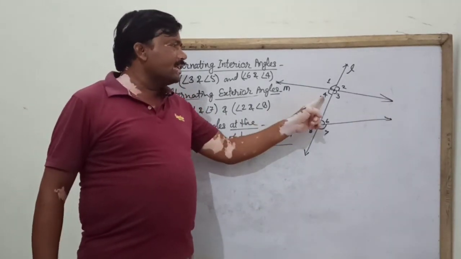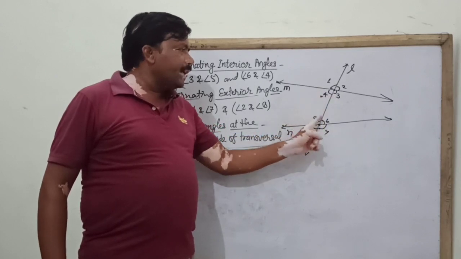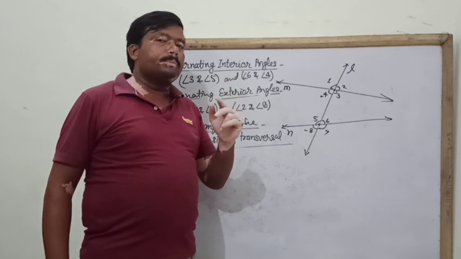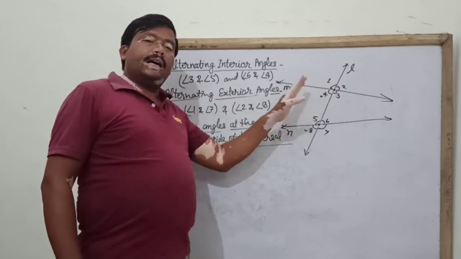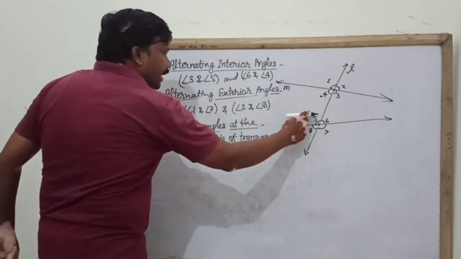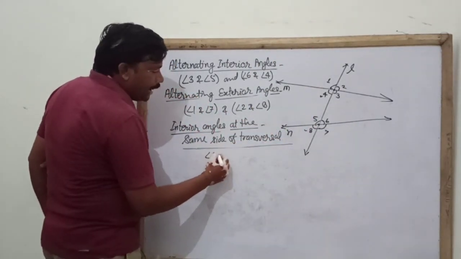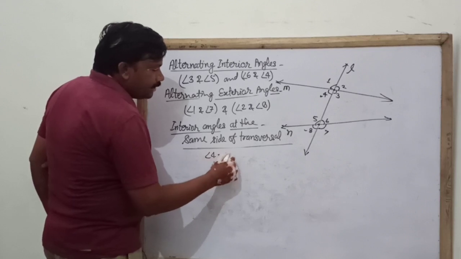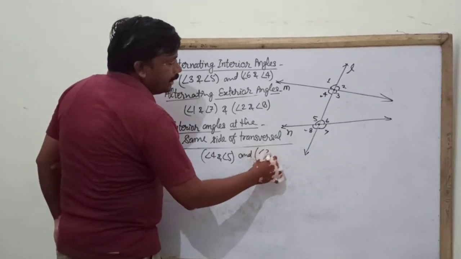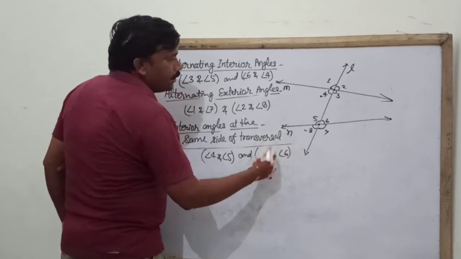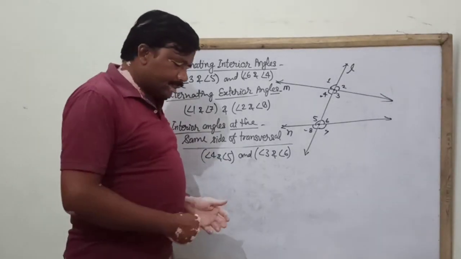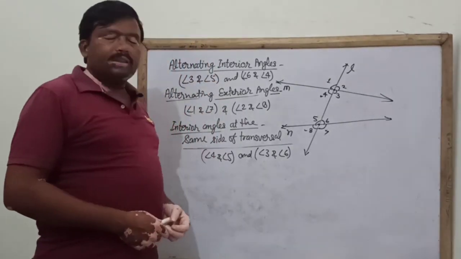As you know, interior angles are 3, 4, 5, 6, and those angles which are on the same side of the transversal means on the left hand side or right hand side. On the left hand side, 4 and 5, so angle 4 and 5 are on the same side, and the next one, angle 3 and 6, are also on the same side of the transversal. These two pairs are the interior angles on the same side of the transversal.